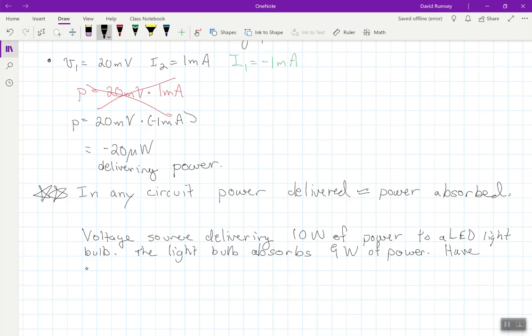Have we broken the rule that power absorbed equals power delivered?